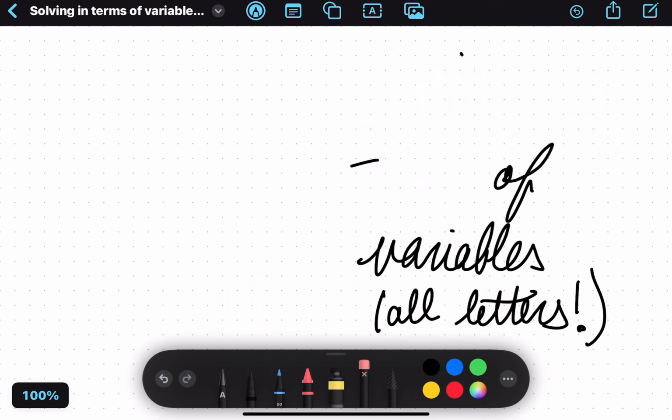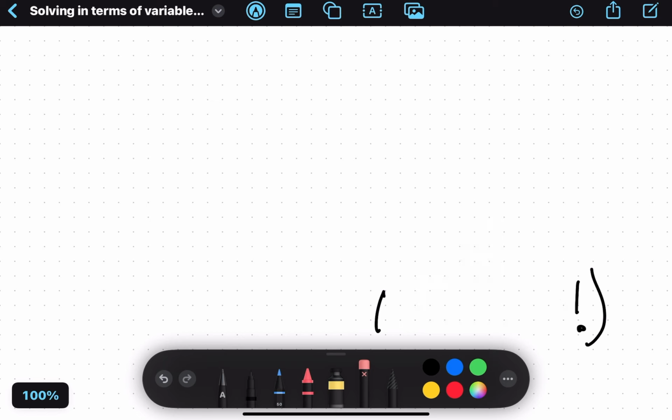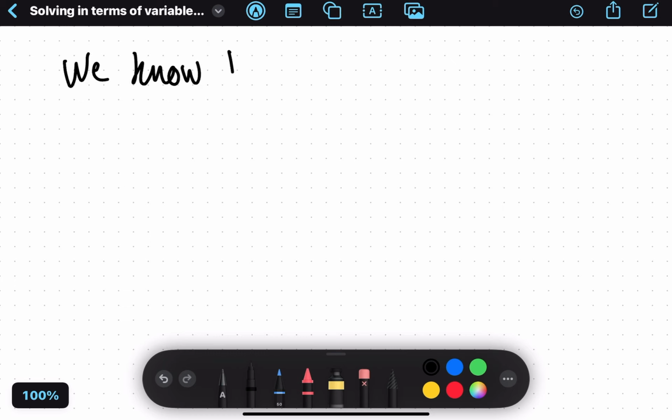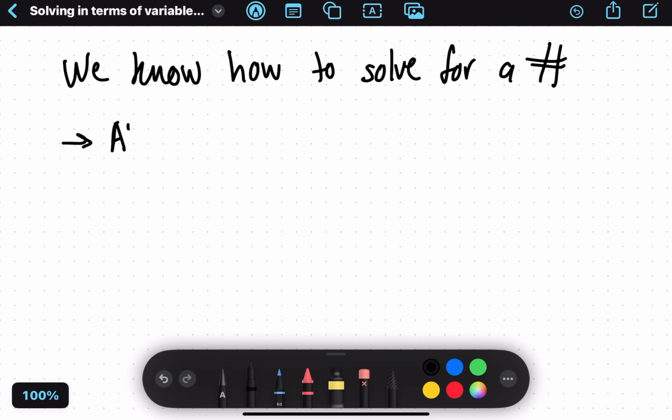Okay, so we already know how to solve for a number, right? So we have to apply these skills now so we could find the variable.